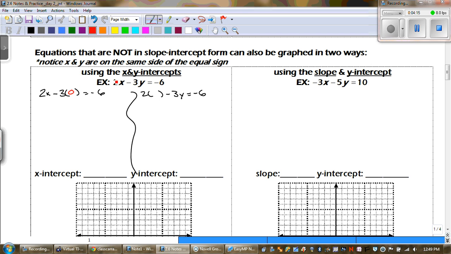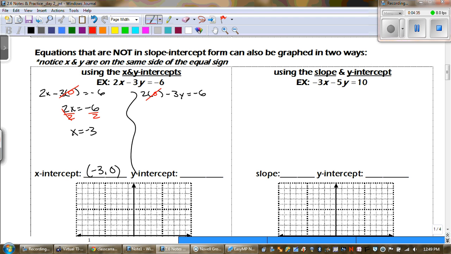We plug in 0 for y and we plug in 0 for x. That cancels. We get 2x equals -6. Divide both sides by 2. We get x equals -3, and just remember that that's the point (-3, 0).